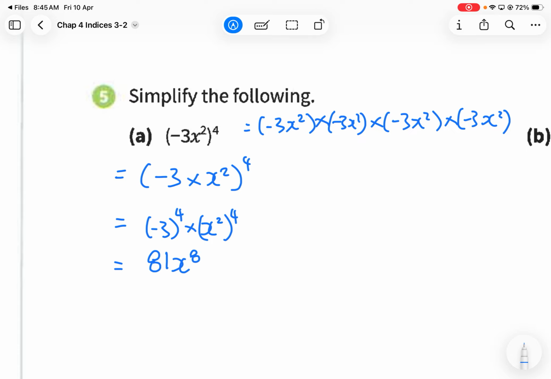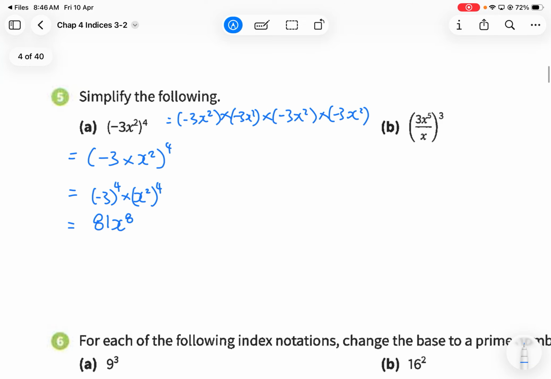That is correct. Minus 3 multiplied by itself gives 81, and x squared four times gives x to the power of 8. That is what actually happens. Just that now we know a few laws, we can do it faster and skip all this.